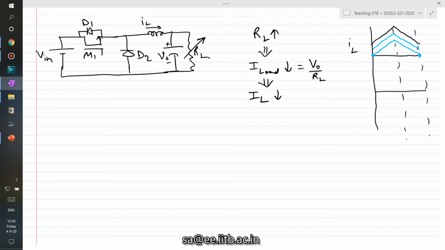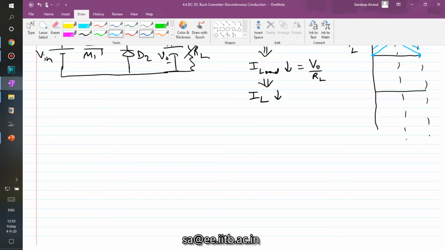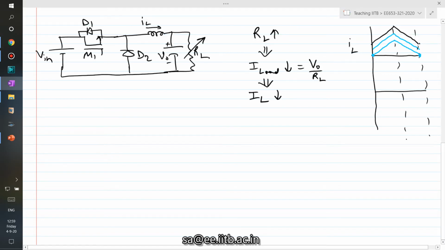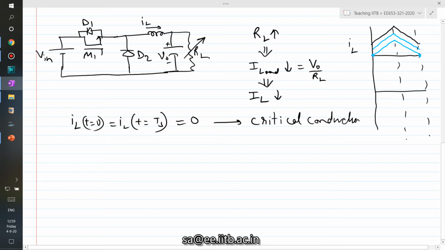This particular condition where IL at t equal to 0, which is obviously equal to IL at t equal to TS, is equal to 0. This condition is called critical conduction mode, right?